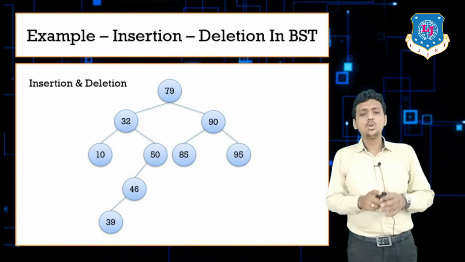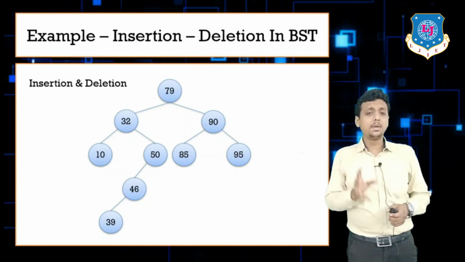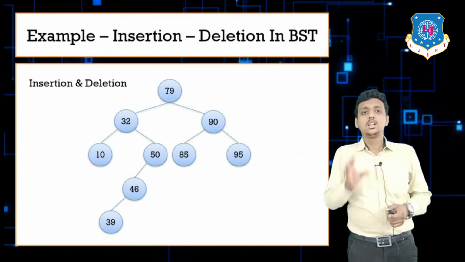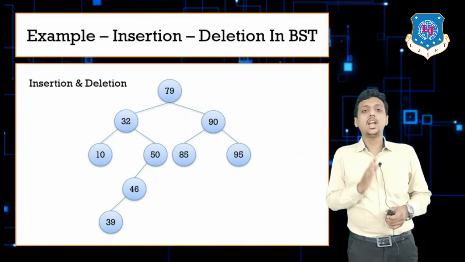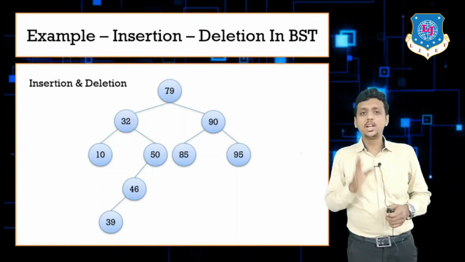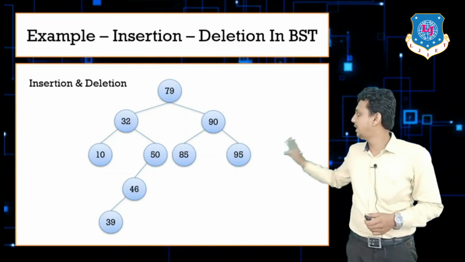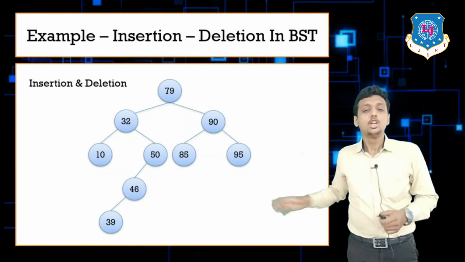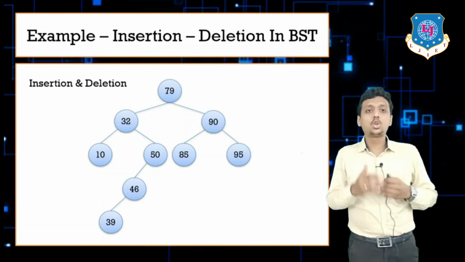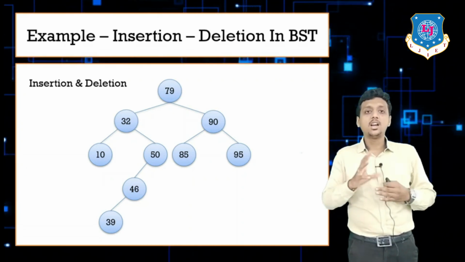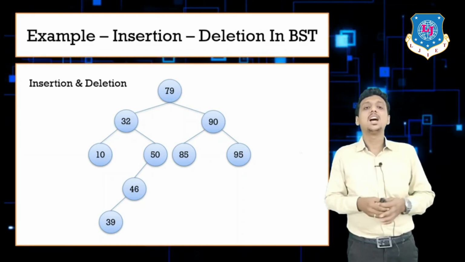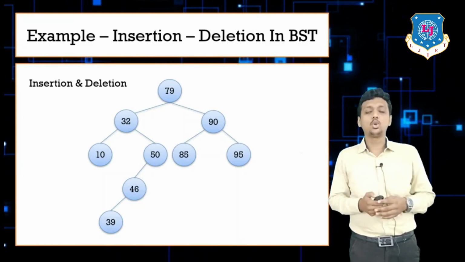In the exam you may be asked to draw the tree after each and every insertion and deletion operation. At that time you do not need to start from the very first figure of your example. You always need to do the insert or delete operation from your previous answer. Okay, let me show you how.